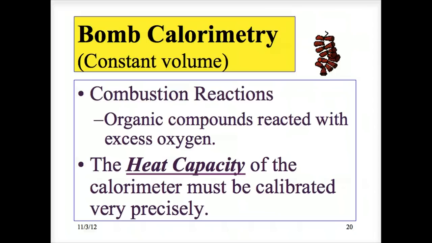We call those a bomb calorimeter. Usually these are done for combustion reactions, where you can react and keep the volume the same and basically force your growing volume into purely thermal characteristics.